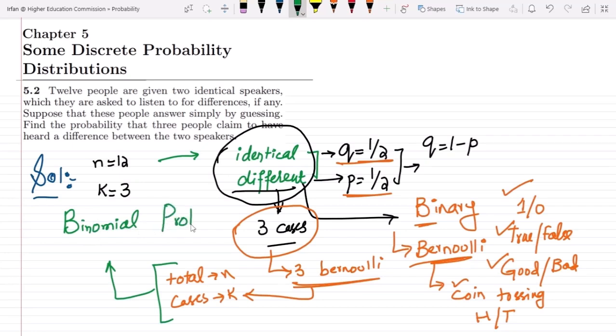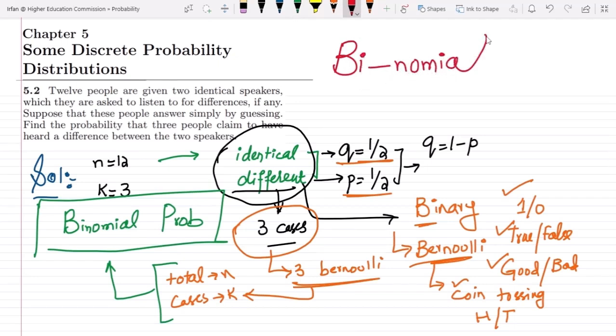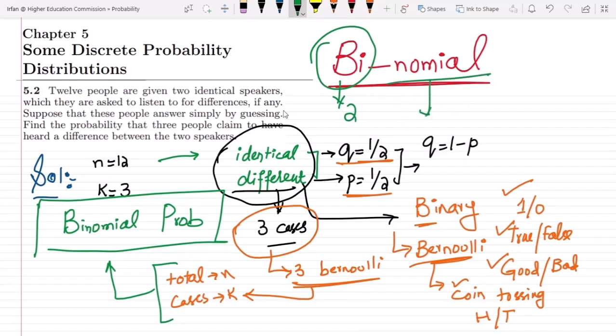probability. So now this is the binomial probability, and this binomial is based on bi and then nomial. This bi is for 2, for the two cases. So two cases are encountered with the binomial.